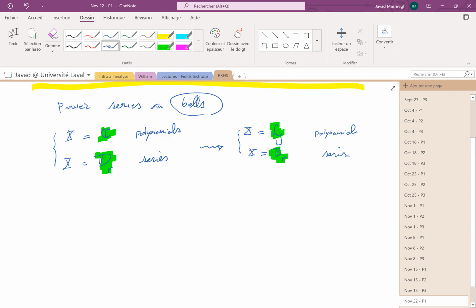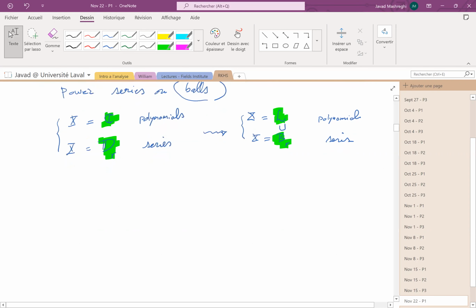Here is, by this proposition, which is not difficult indeed to prove, we can generalize the previous proposition from last week. Here on C, the inner product is Z times W bar, just Z W bar.